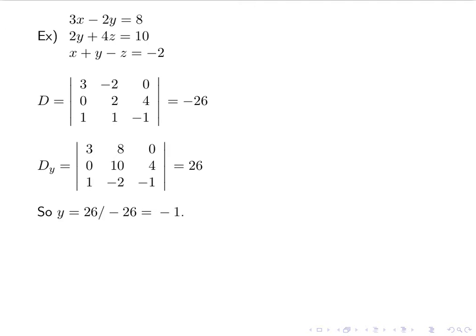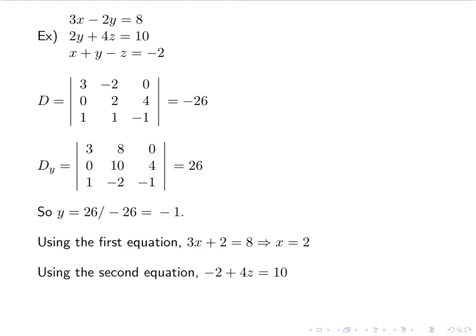So now that I've found y, I can easily plug this into my first equation and find x, and I can plug y into my second equation and find z. So 3x plus 2 equals 8 gives me that x equals 2, and negative 2 plus 4z equals 10 gives me z equals 3.